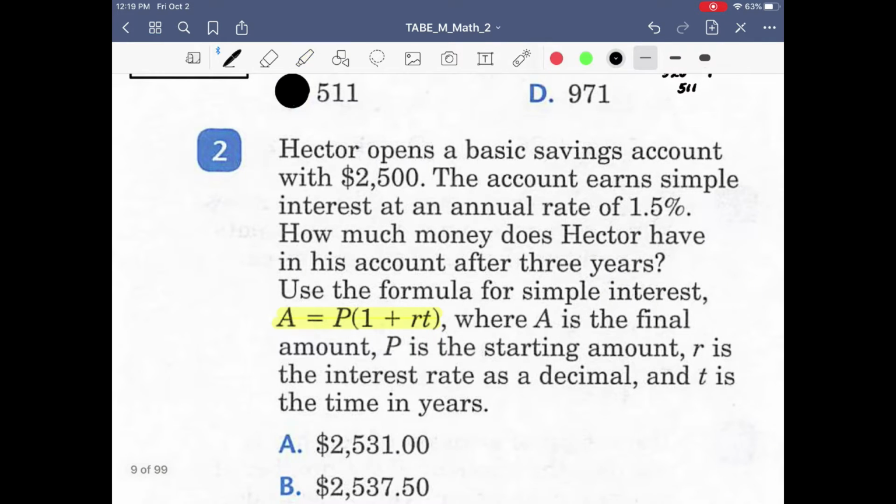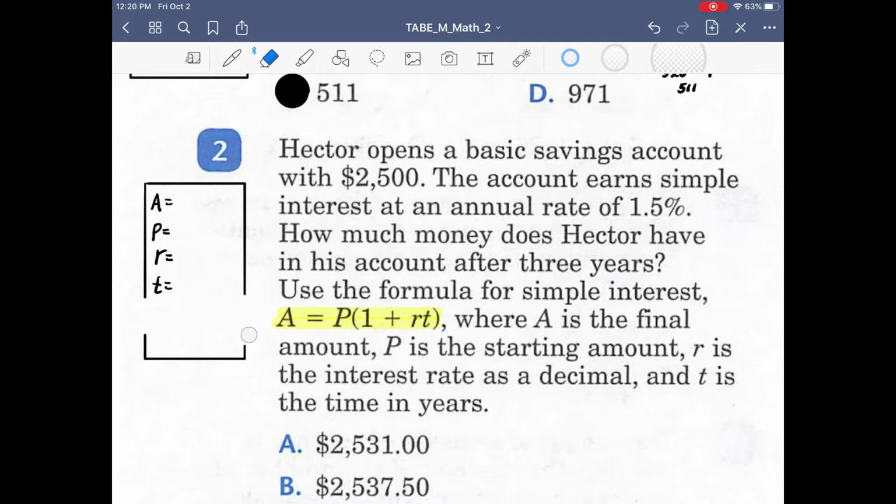So let's set up a variable box for the variables in this problem. And we have an A, we have a capital P, we have an R, and we have a T. So those are coming directly from this yellow highlighted area from the formula that they gave to me.